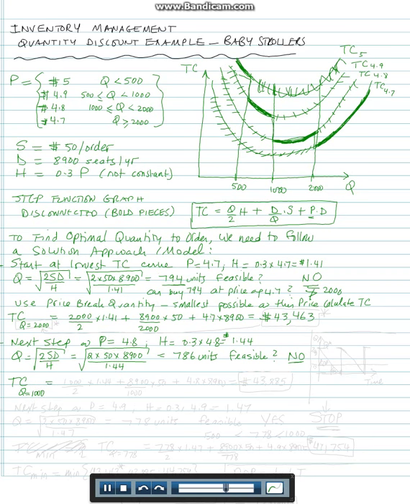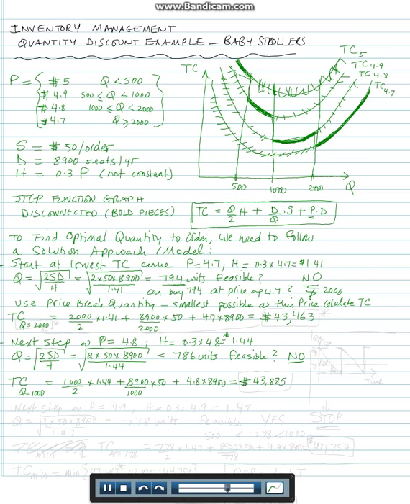So I go and recalculate the total cost, but this time I use the quantity 1,000, plus 8,900 divided by 1,000 times 50, plus 4.8 times 8,900. I get 43,885.